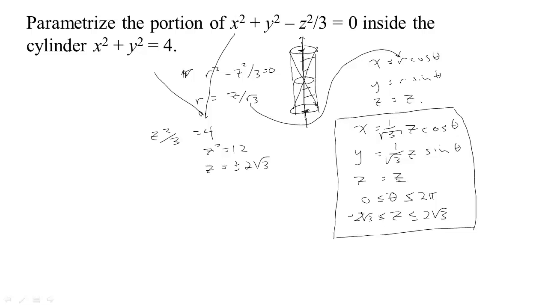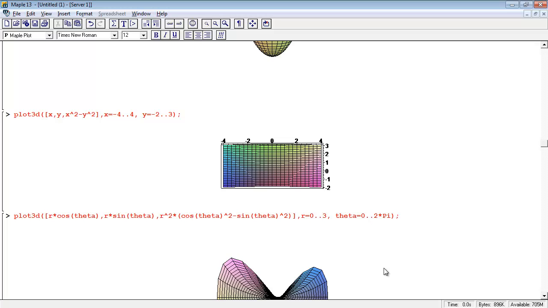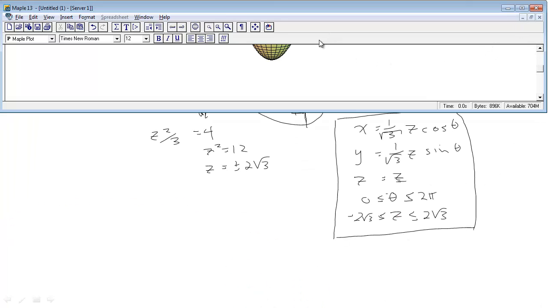Now since we've got Maple, we might as well plot this to see how it's working. So if we put in our equations here, do plot3d, and this is a parameterization, so we can put in our three functions. z times cosine theta over the square root of 3, that's my x-coordinate, and z times the sine of theta over the square root of 3 is my y-coordinate, and my z-coordinate is just z.